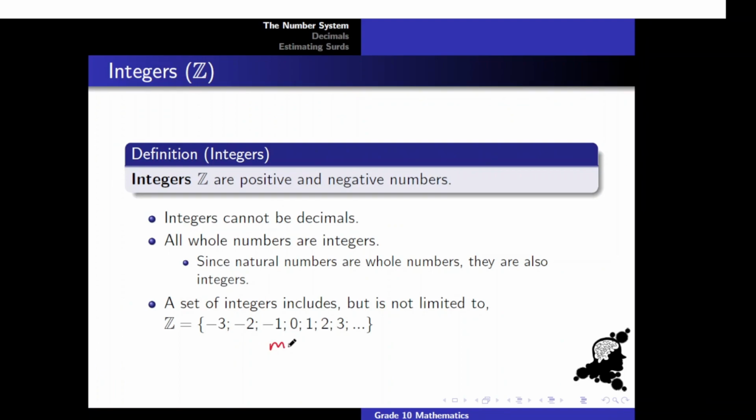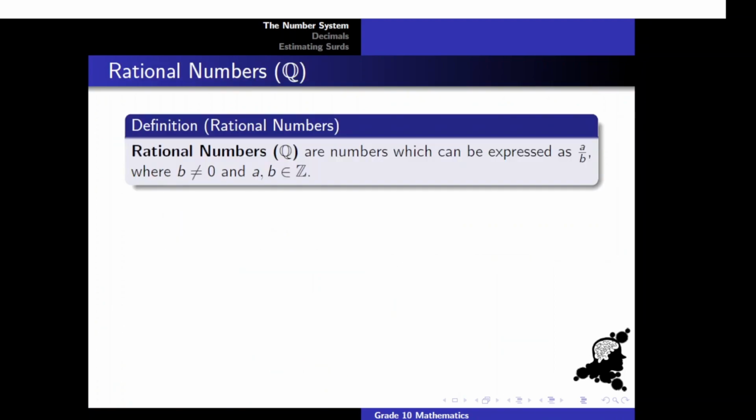I can say my minimum value for integers would be negative infinity, because any negative number, no matter how small or big, forms part of integers. I can also say my maximum would be positive infinity. Any number, no matter how big or small, as long as it's positive, is still an integer. I hope that this makes sense.